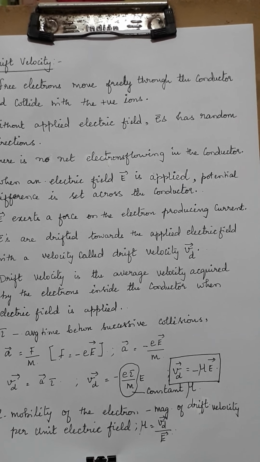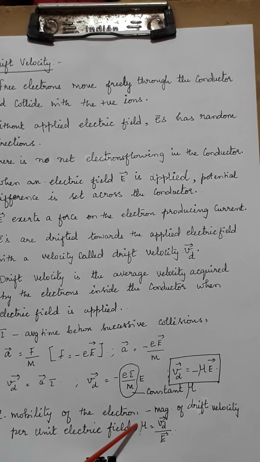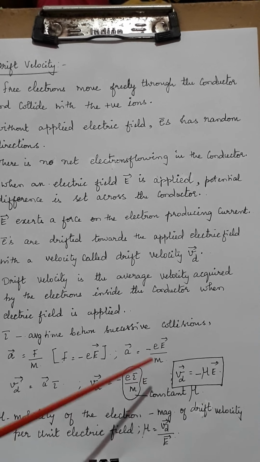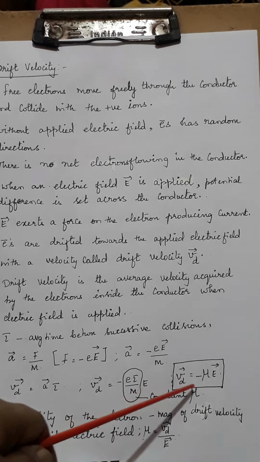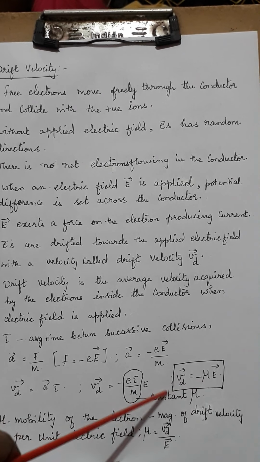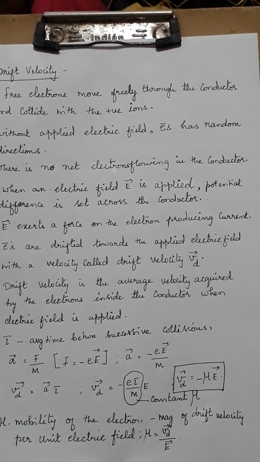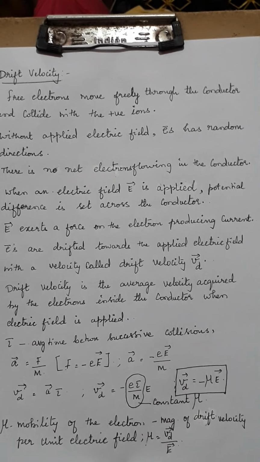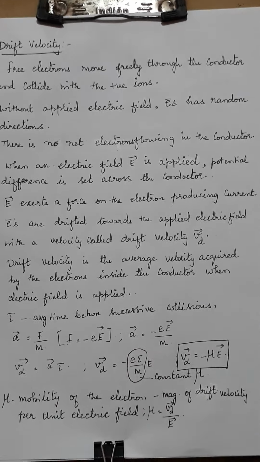They are directly proportional to each other. Even here we can understand that drift velocity is directly proportional to mobility if I keep the electric field constant. Understood, children?